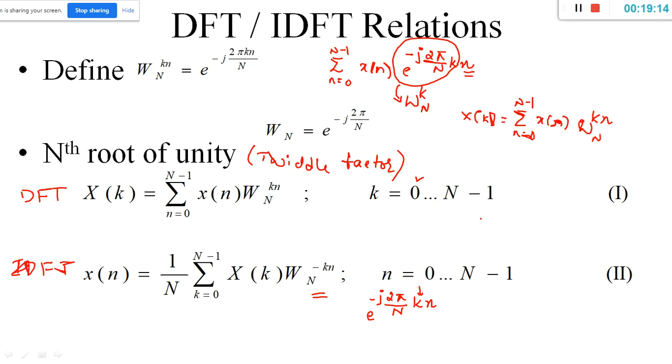Similarly, if I take the last cycle, that will be the Nth cycle. So what happens to the k value here? For the last cycle, if I consider k equal to N, e to the power of minus j 2 pi by N, k is N. And this N is as it is, small n.